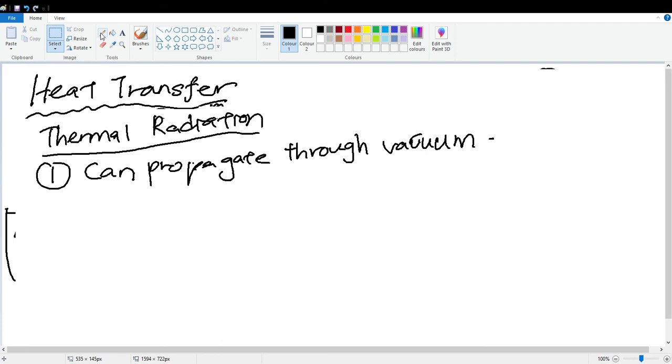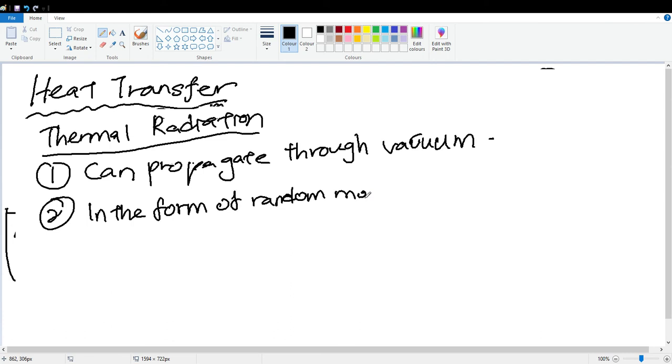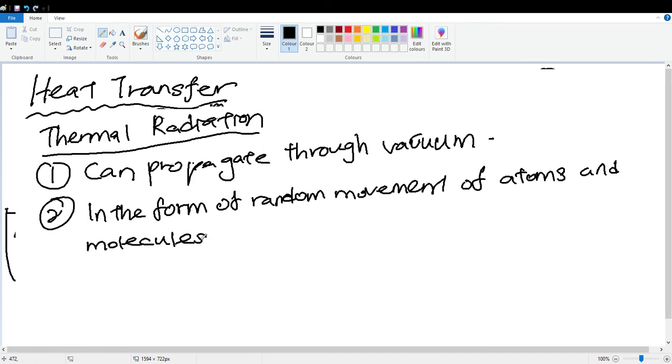As for the second property, thermal radiation is in the form of random movement of atoms and molecules in metal.